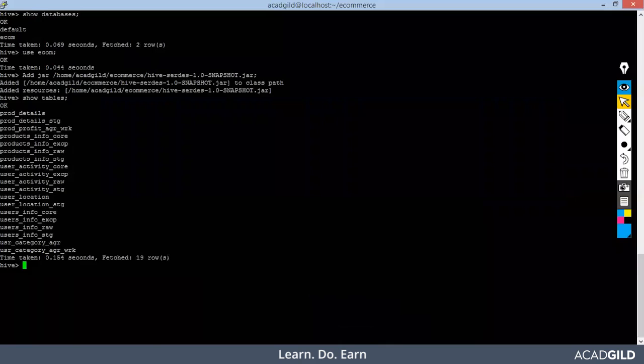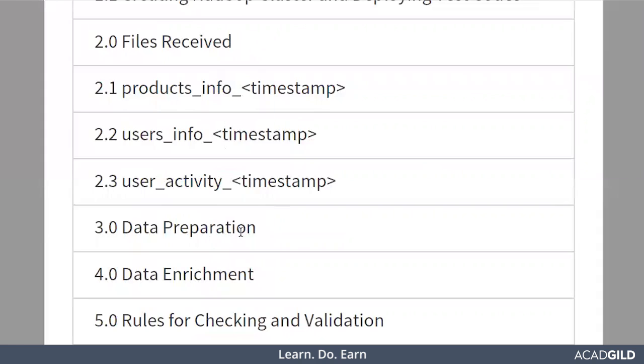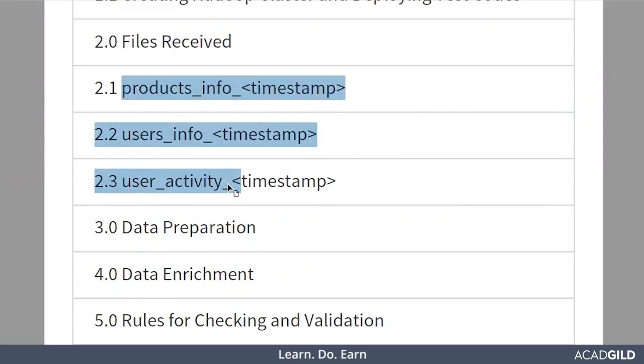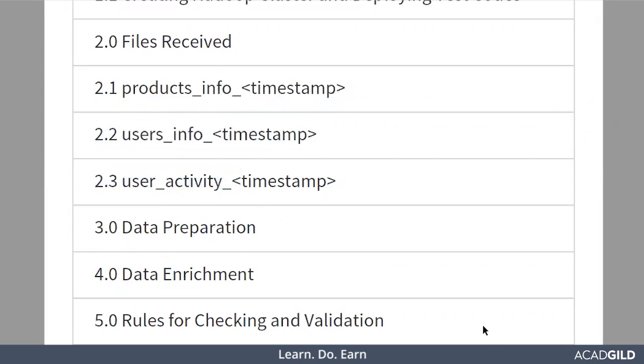Now you guys remember that I told you about enrichment steps. If some of the data is missing in any of the main tables, we will look it up in the lookup tables in our NoSQL database. We are using HBase. So there are 2 different HBase tables that have to be created: product category and users location.